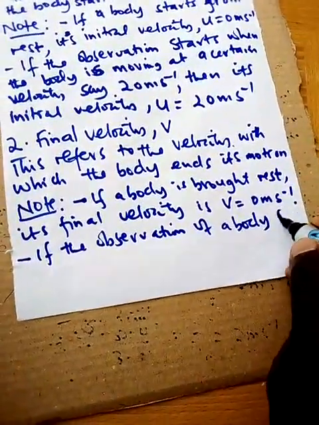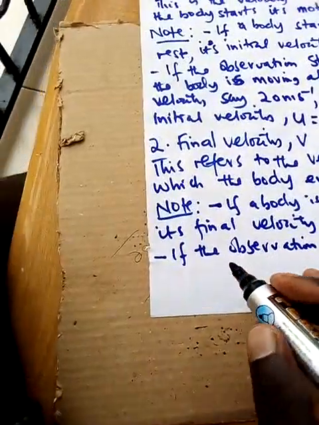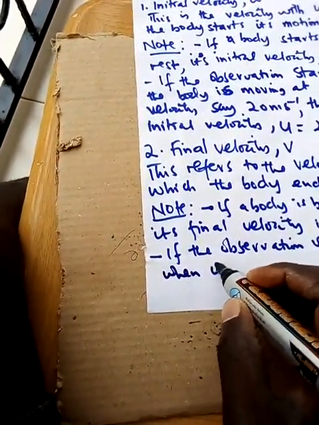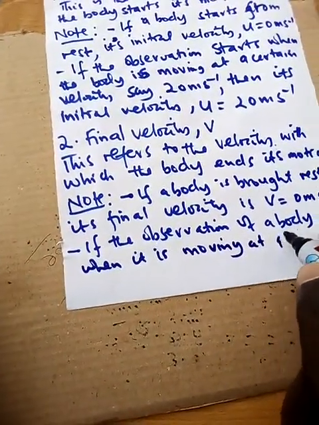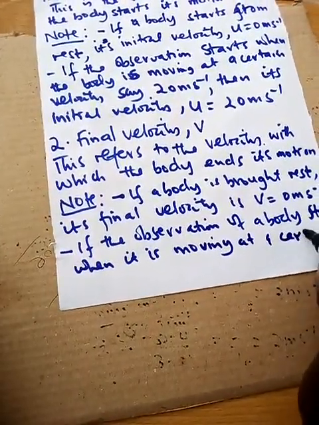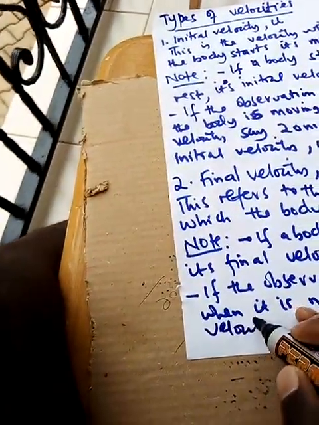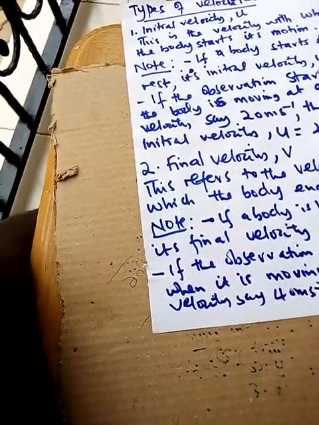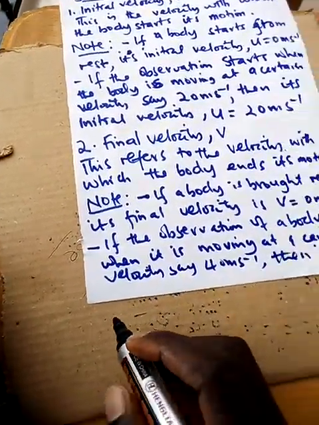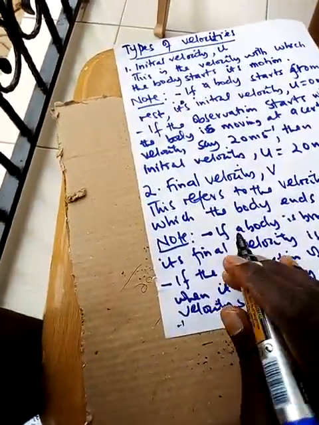So if the observation of the body stops when it is moving at a certain velocity, say 40 meters per second, then it is final velocity.